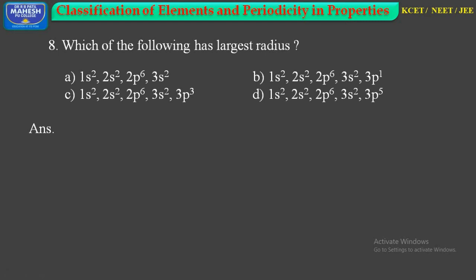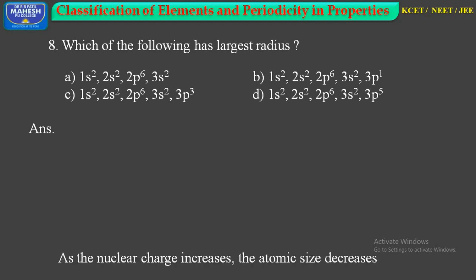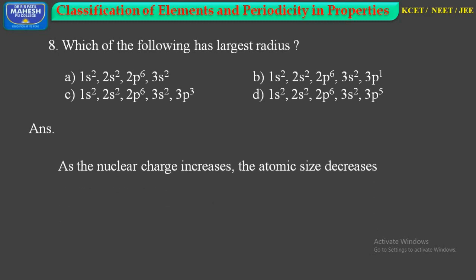So across the period, atomic size decreases because addition of electrons occurs in the same shell. So students, as the nuclear charge increases, the atomic size decreases. So with this, the right answer is option A, 1s2, 2s2, 2p6, 3s2, and this electronic configuration corresponds to magnesium metal.